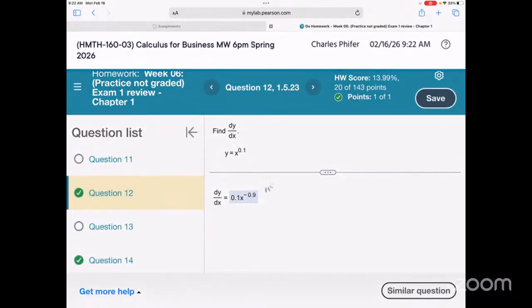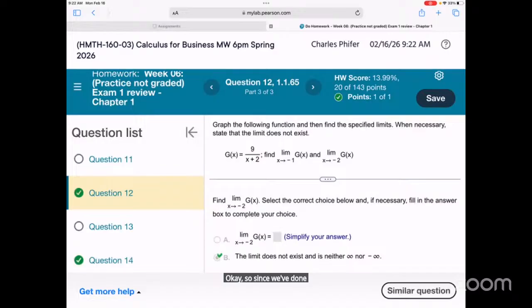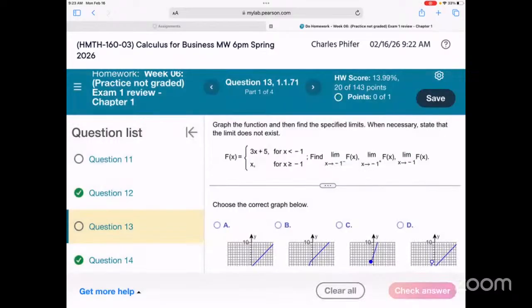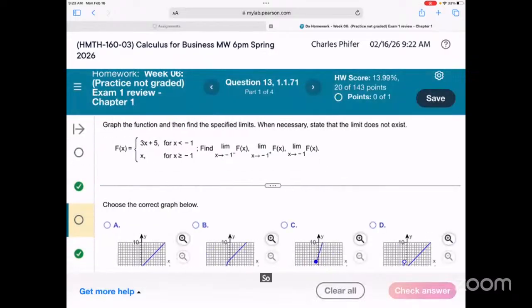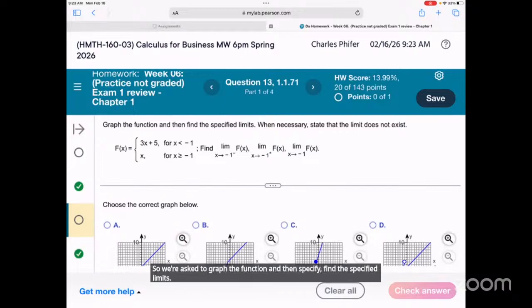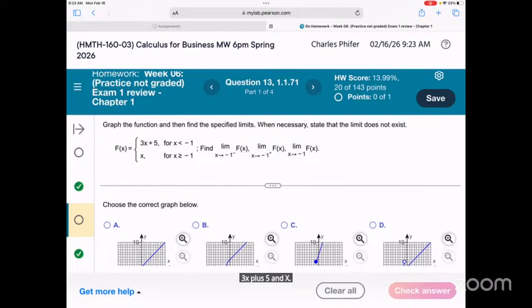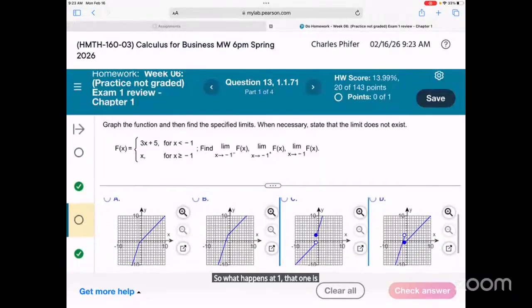Okay, so since we've done 12, let's do 13. So we're asked to graph the function and then find the specified limits. 3x plus 5 and x. So what happens at 1? That one is 9, and that's a 1.